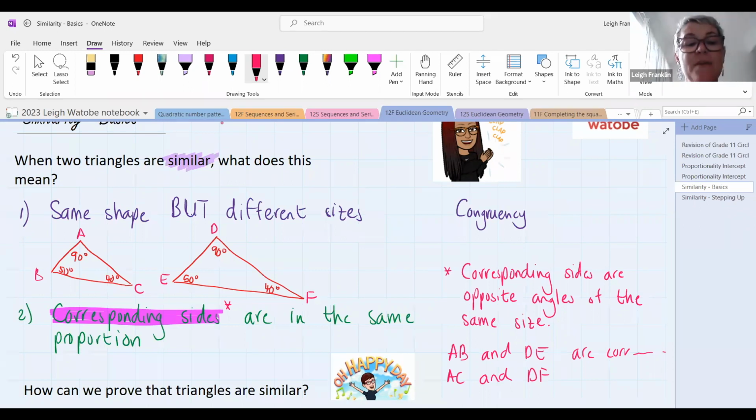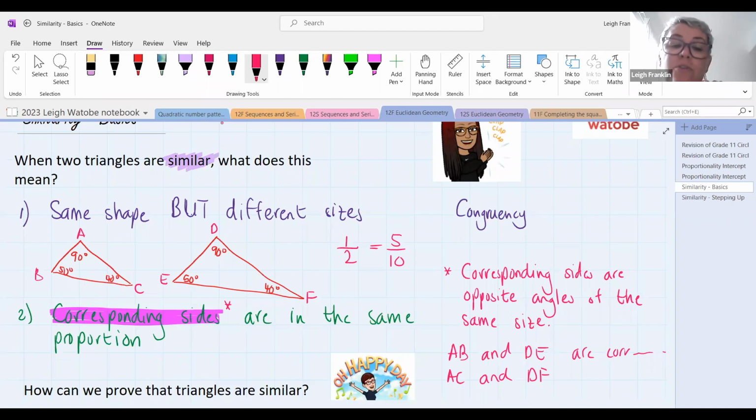And then when we say they are in the same proportion, we're going to talk a little bit more about that. So what we know about proportions is going to be important for us. Okay, so remember, a proportion is a relationship where we have something over something else, which equals a different value.